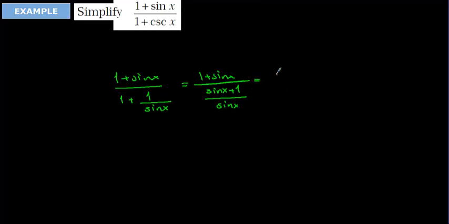In another word, I can say like this: 1 plus sine x over 1 plus sine x over sine x. Then here we have the formula: a over b over c is equal to a times c over b.